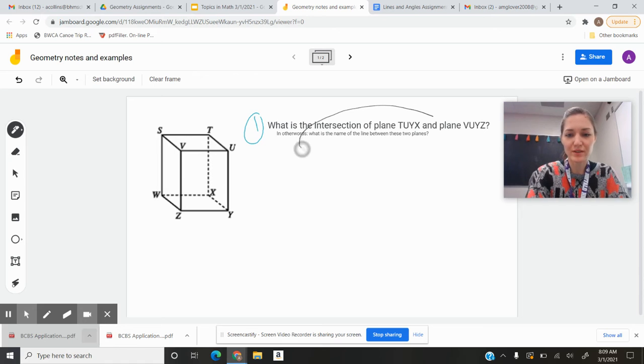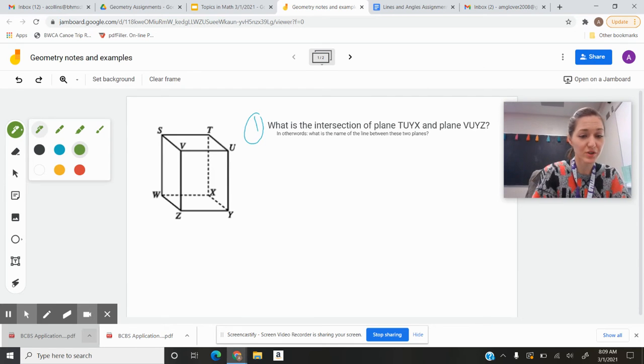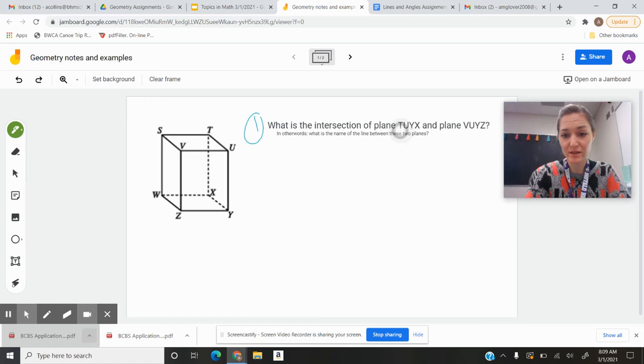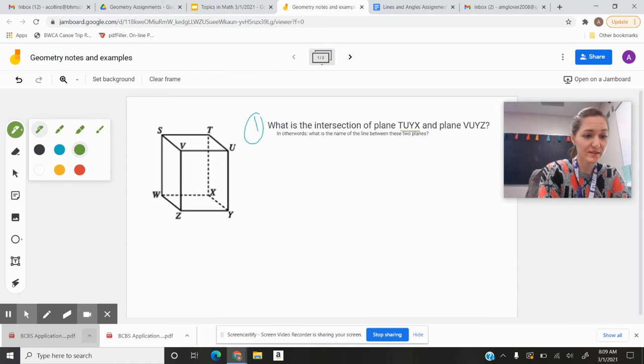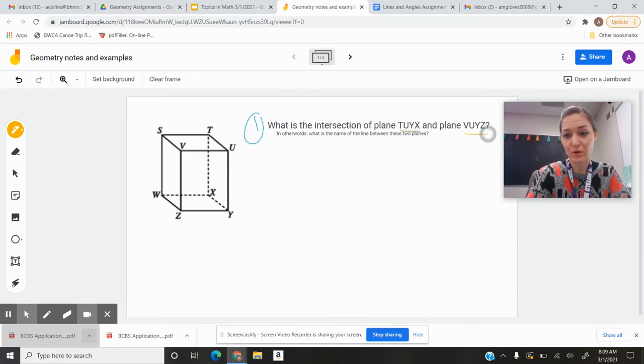What this question is really saying is, what is the name of the line between these two planes? So we're going to look at this picture and highlight these two different planes, TUYX and VUYZ. VUYZ is just this orange square right here.